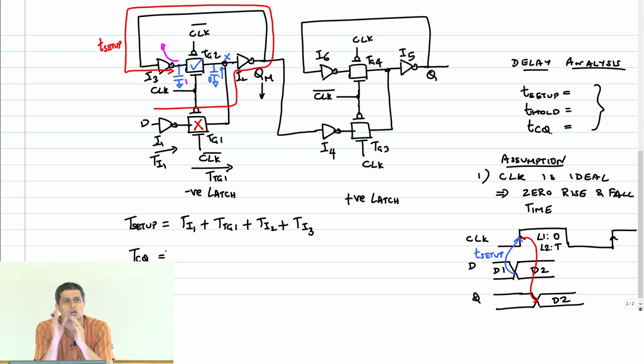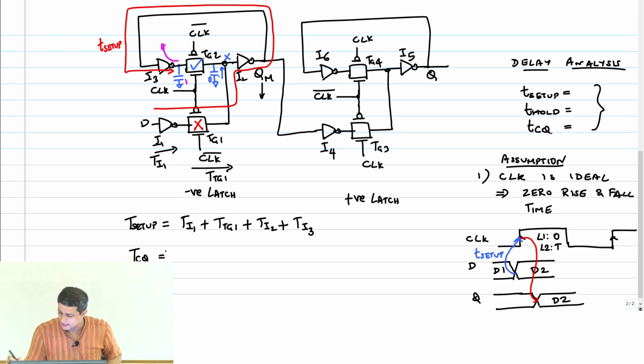Right? So remember, by imposing a setup time constraint, we have ensured that the data has settled even in the intermediate node somewhere to some value, to the right value. So all we have to see is how long does it take for data to propagate from that intermediate node to the output correctly after the clock goes high.